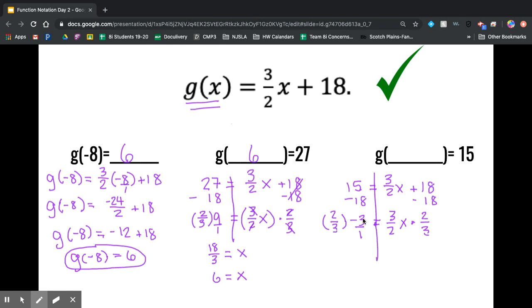So 2 times -3 is -6. 3 times 1 is 3. And if I divide this out, I get -2. And that is what equals x. So in other words, if I input -2 as my x value, then I'll get out 15.